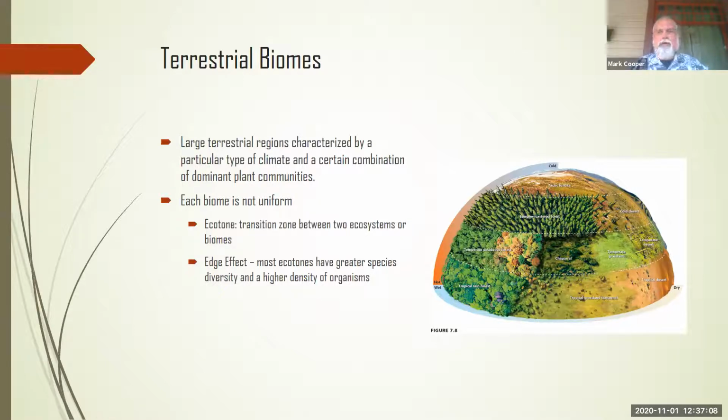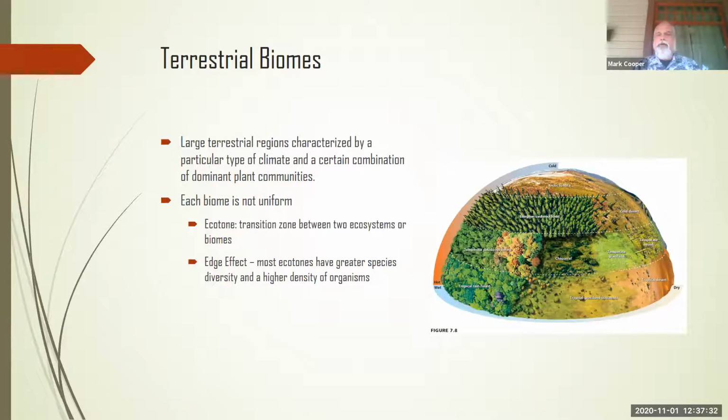Animals are a bit harder to find. And each biome is not uniform. So we might talk about the desert, but the desert has sandy desert, it has cactus deserts, there's the oases, there are washes, all of these things make up that desert biome. So just to give you an idea that, again, not necessarily uniform.